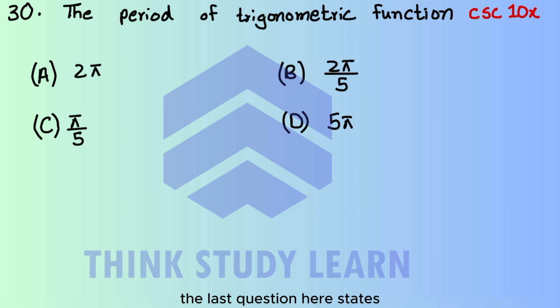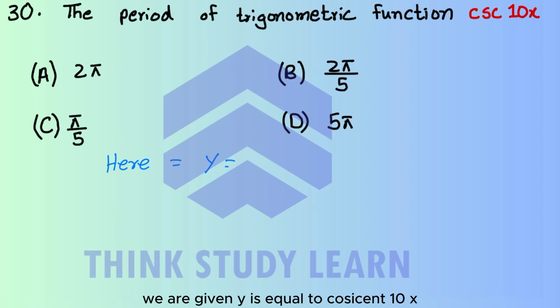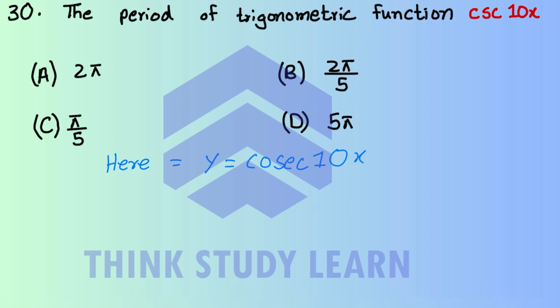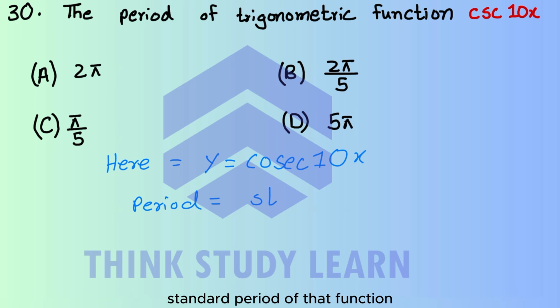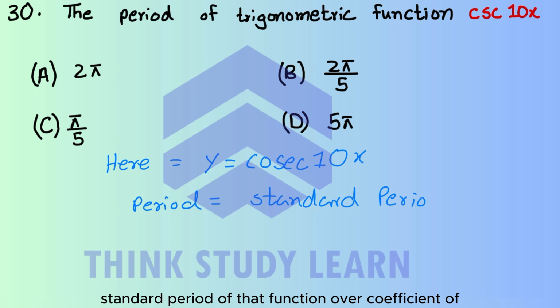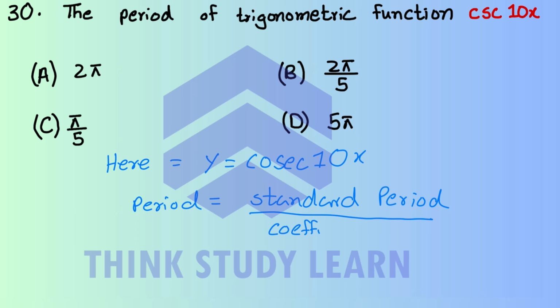The last question states: the period of the trigonometric function cosecant of 10x is equal to what? So here we are given y is equal to cosecant 10x. We know that the period is equal to the standard period of that function over the coefficient of the x term.